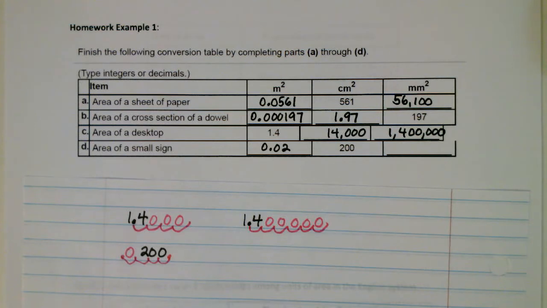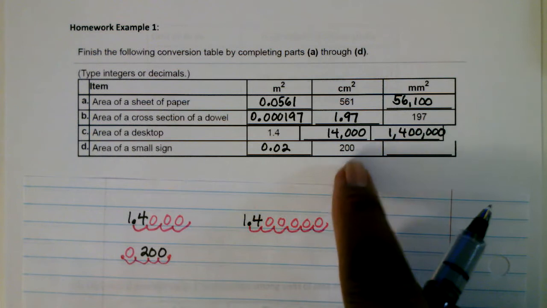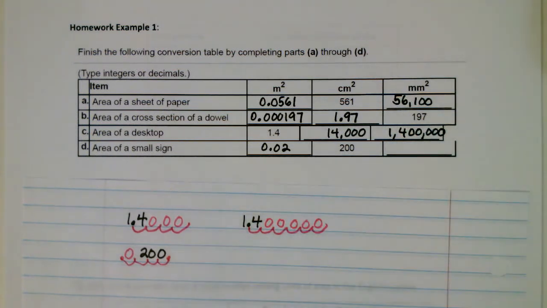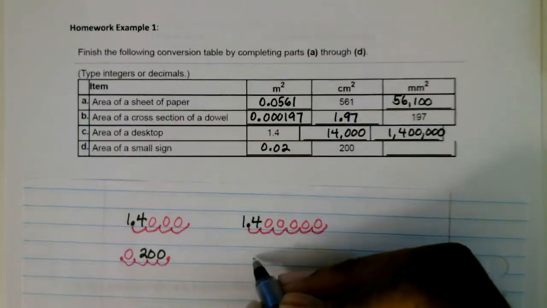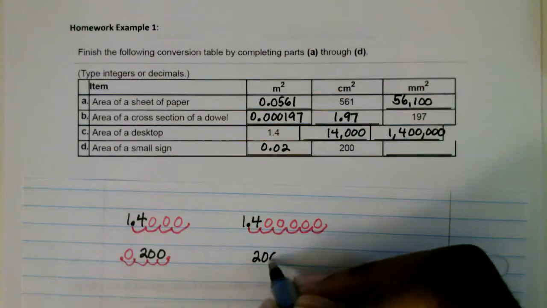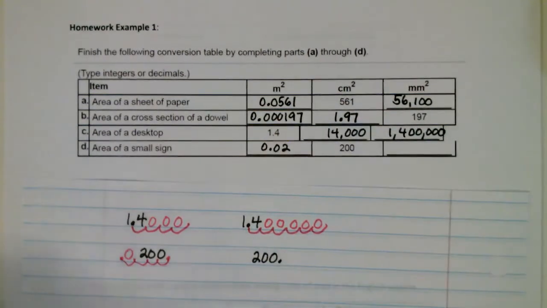And then from centimeters squared to millimeters squared, normally from centimeters to millimeters, that's 1 place to the right, but 2 times 1 will be 2 because of the square. So here I'm going to move the decimal point in 200, 2 places to the right.